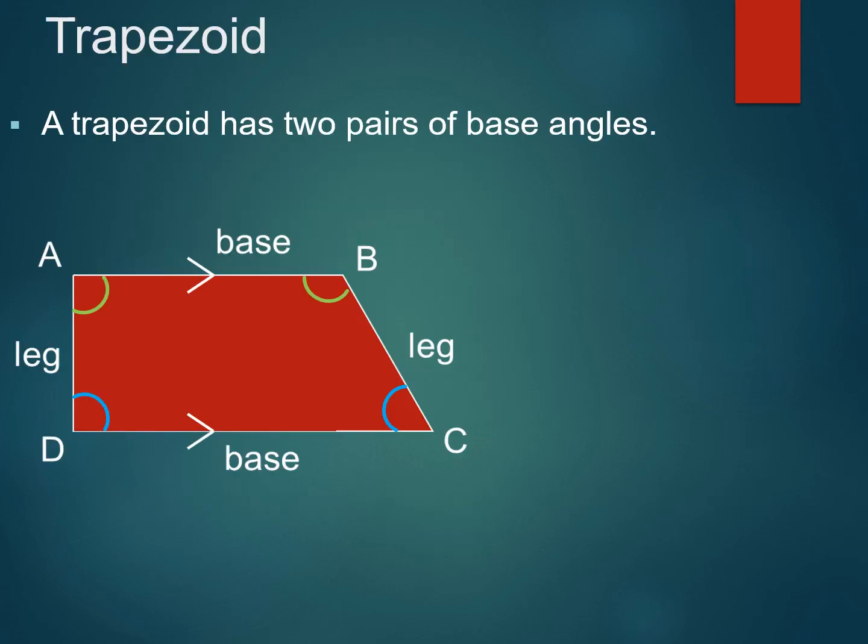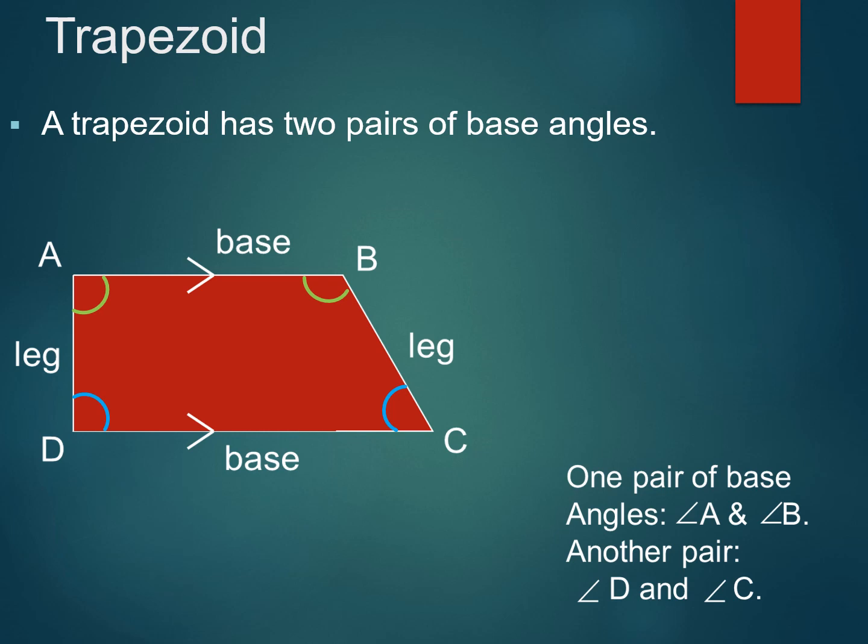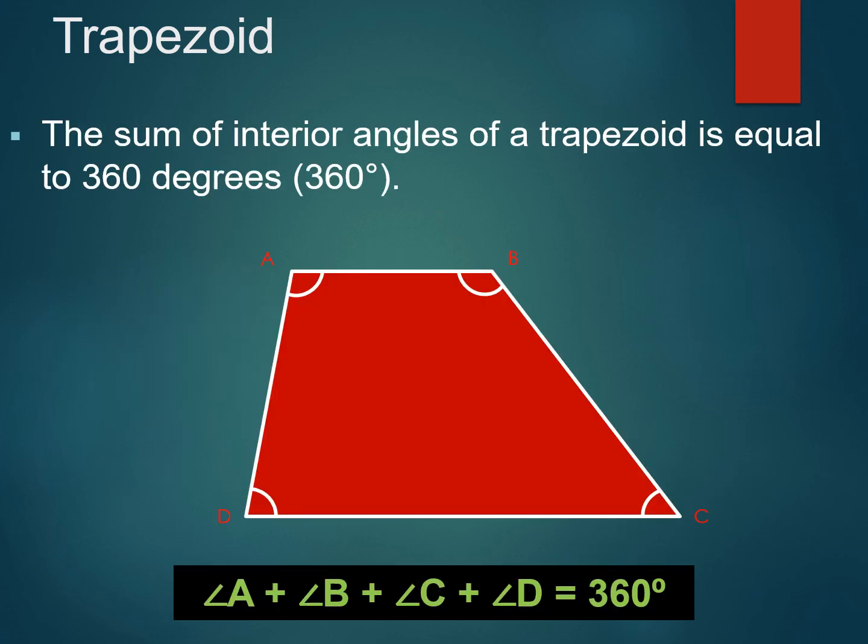A trapezoid has two pairs of base angles. So for base AB, the pair of base angles is angle A and angle B. And for base DC, the pair of base angles is angle D and angle C. The sum of the interior angles of a trapezoid is equal to 360 degrees.